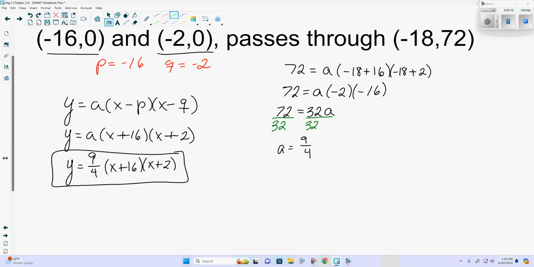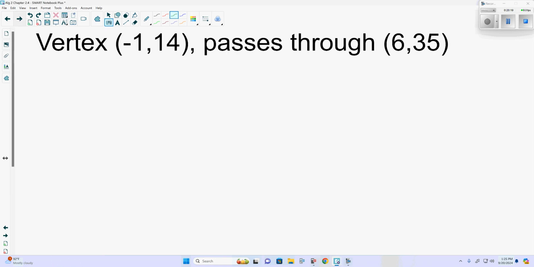Questions on this so far? We'll look at two more and then we're done. One more of each. Vertex is (-1, 14) and passes through the point (6, 35). Since it gave us the vertex, it is vertex form.